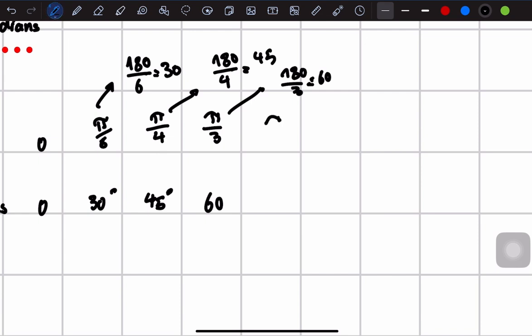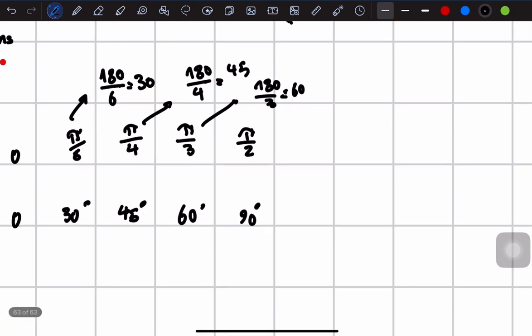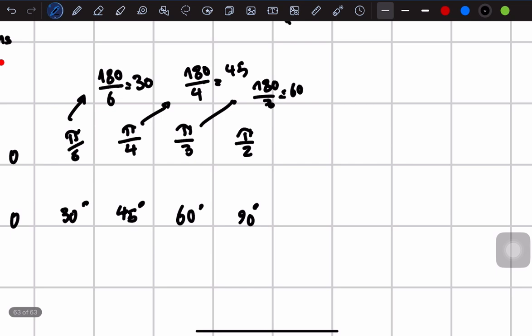What about pi over 2? 180 over 2 would be 90 degrees. We continue this way, for example 3 pi over 4. If we say 180 times 3 over 4, it is equal to 135 degrees.